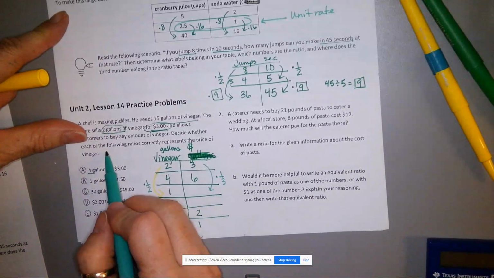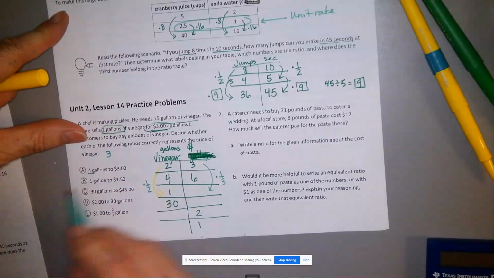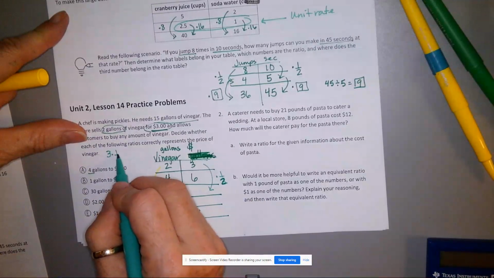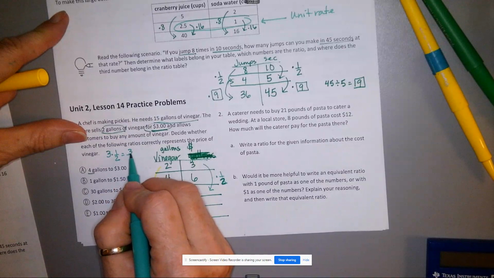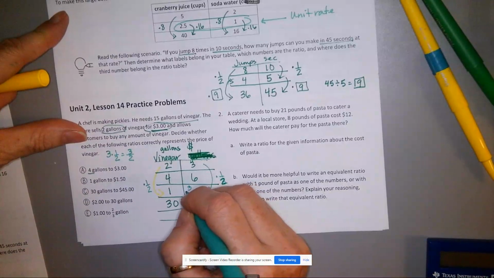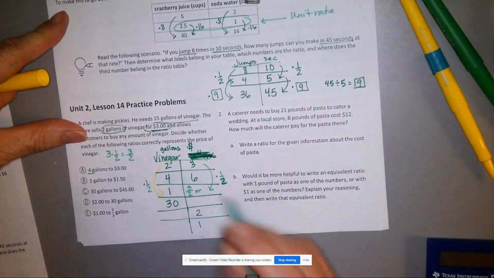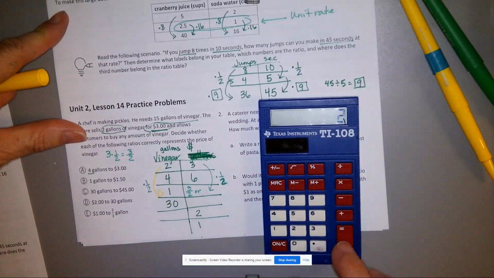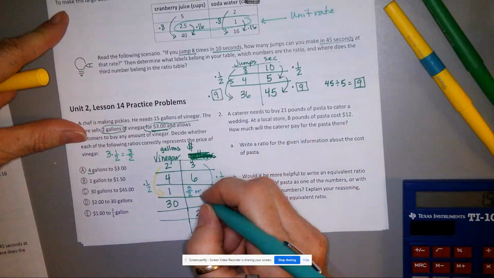I'll do this right here, right? 3. Check my writing. I wrote it wrong. 3 times 1/2 is 3 over 2. I could leave it as a fraction, or I could write it as a decimal. 3 over 2, and I'm going to say or, and that's when I'm going to grab my calculator. 3 divided by 2 equals $1.50.